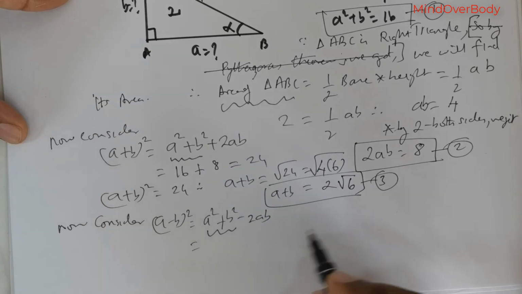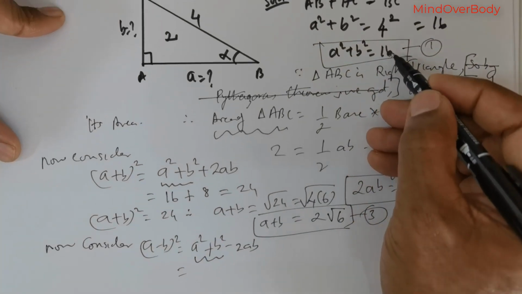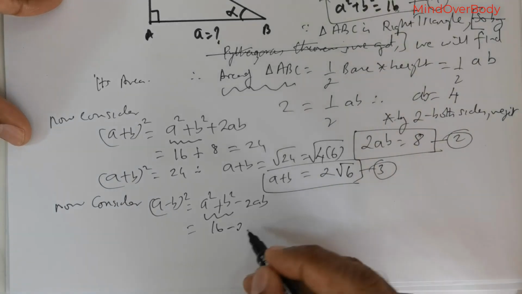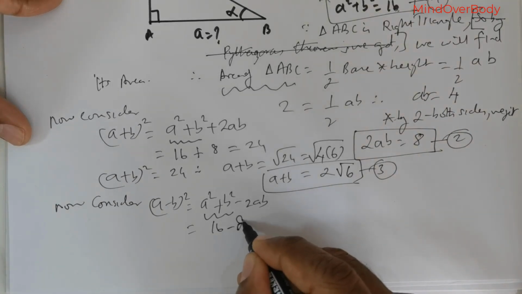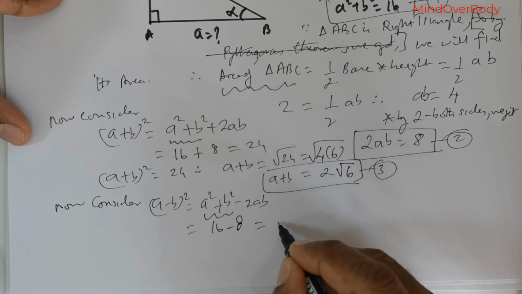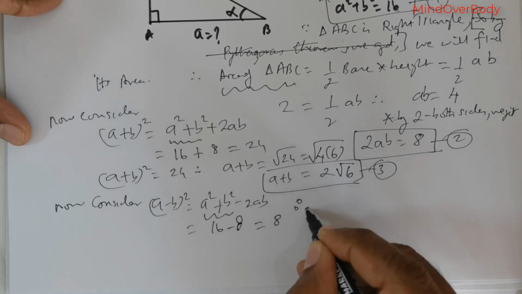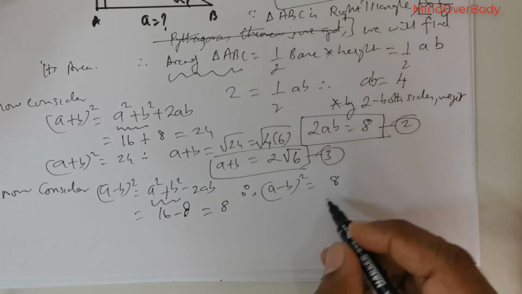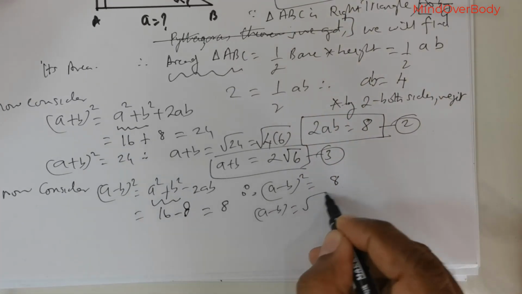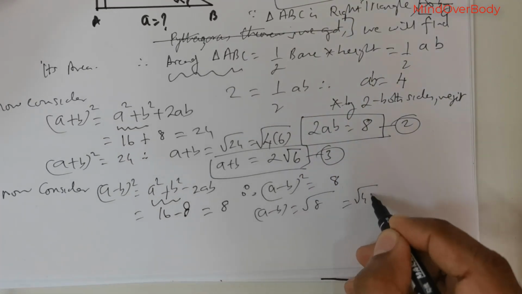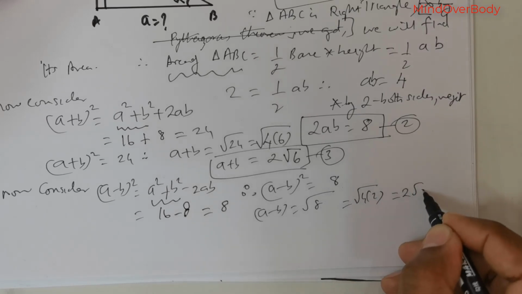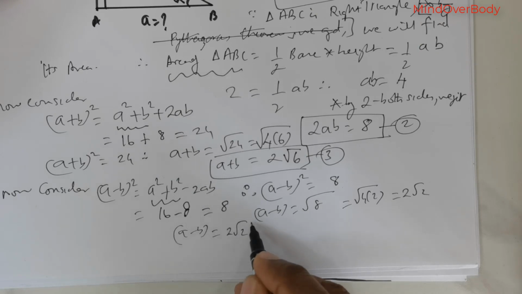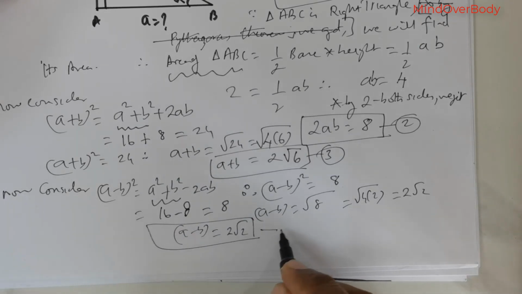This is known: 16 units minus 2 times AB, 8 units, right? 16 minus 8 gives you 8. Therefore (A - B) whole squared is equal to 8. A - B is equal to root of 8, which is root of 4 times 2, which is 2 times root 2. So A - B is equal to 2 times root 2. I am taking this as 4.